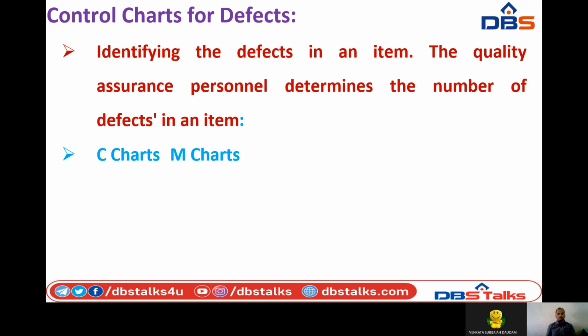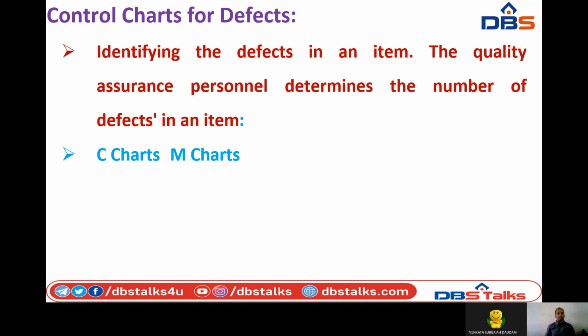These charts for defects are also classified into two varieties, one is C chart and the other is M chart. Likewise, the defective charts, the number of defective charts, are divided into P chart and NP chart.